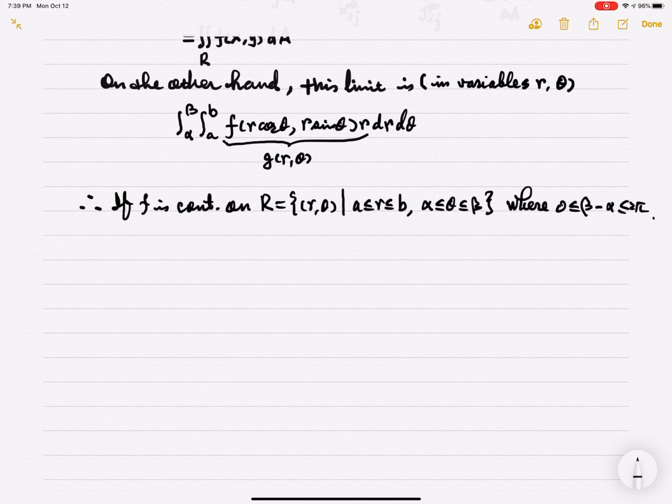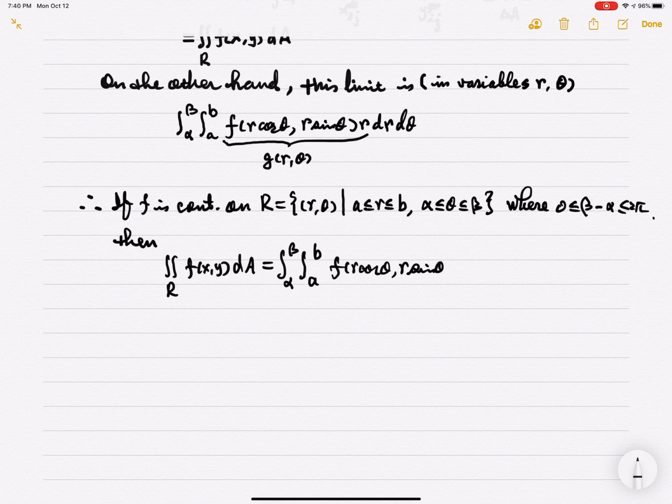Then the integral over R of f(x, y) dA is equal to the integral from alpha to beta, from a to b, of f(r cosine theta, r sine theta) r dr d theta.